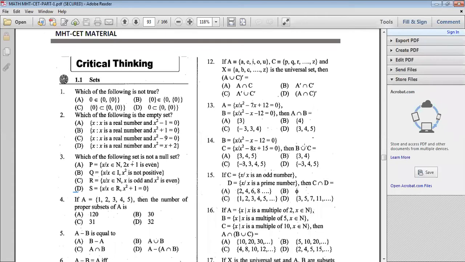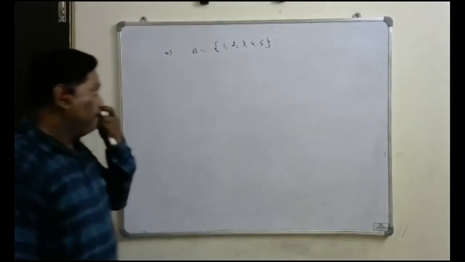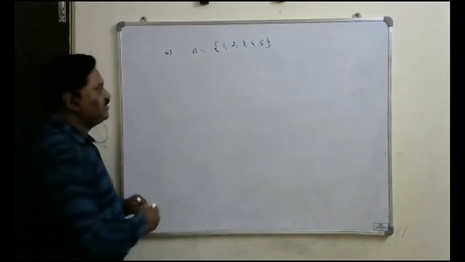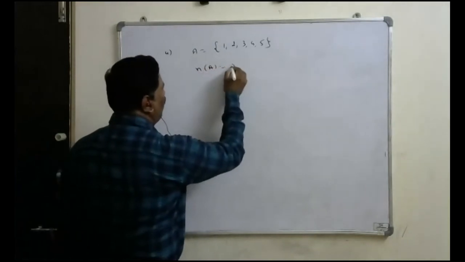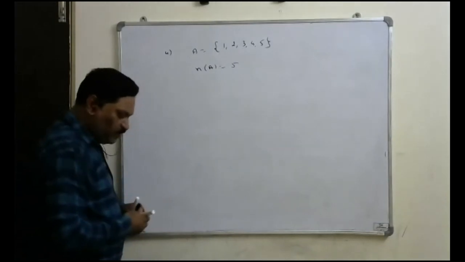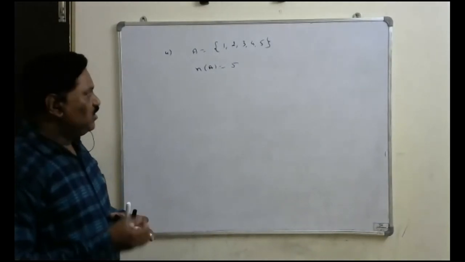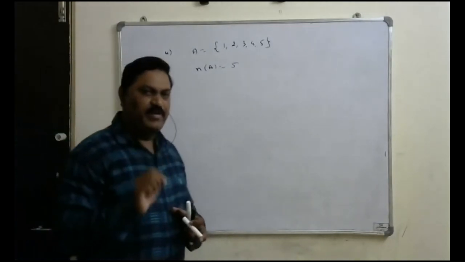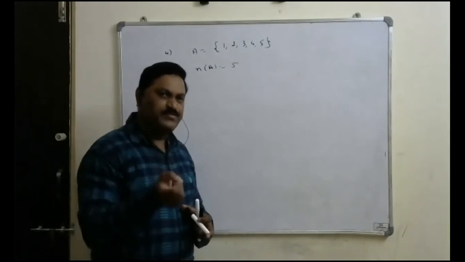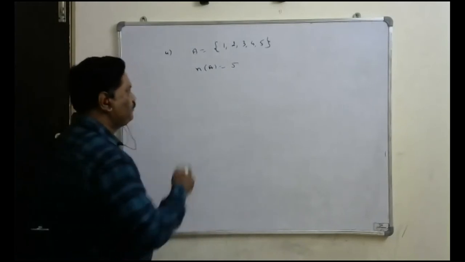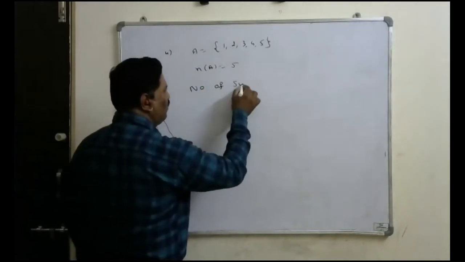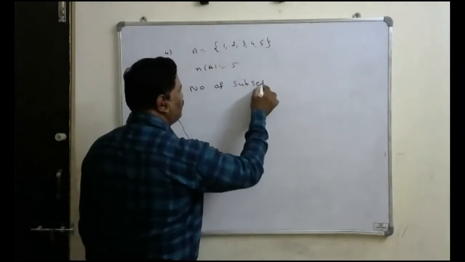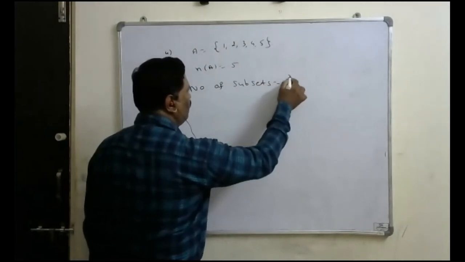Since this set contains 5 elements, n of A is equal to 5. I already gave you one formula: if the set A has n elements, the number of subsets of it is 2 power n.